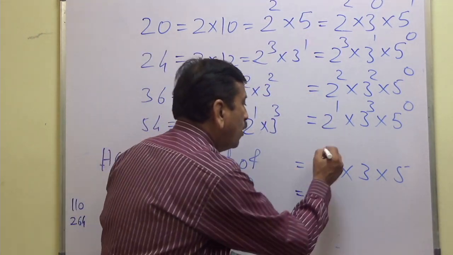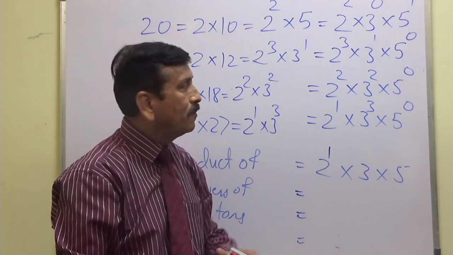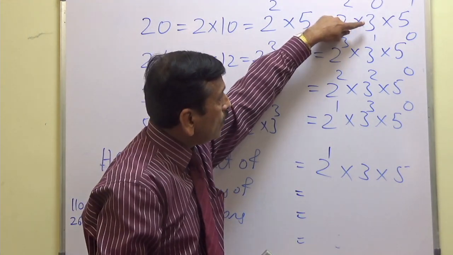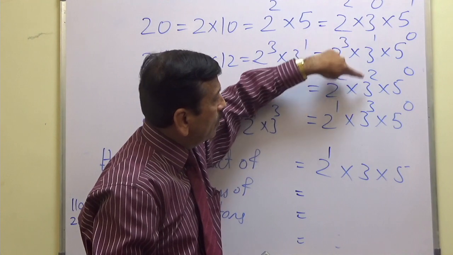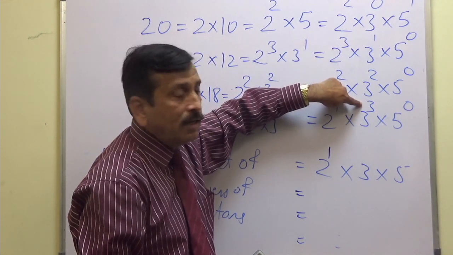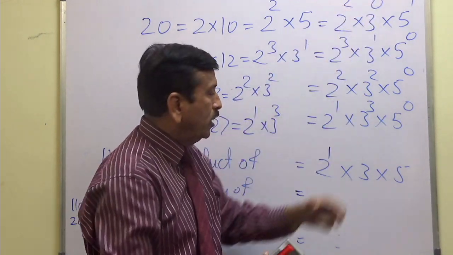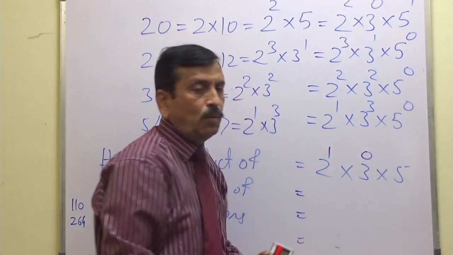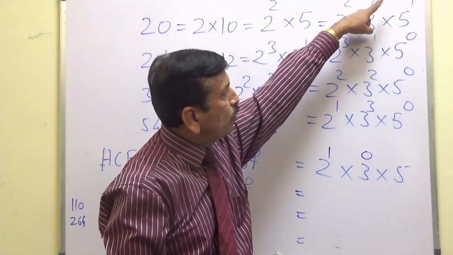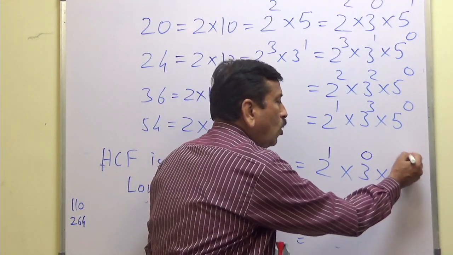So I take 2 to the power 1. For 3, we have 3 to the power 0, 1, 2, 3. Among these, 3 to the power 0 is the lowest. For 5, the powers are 0, 0, 0 and 1, so 0 is the lowest.